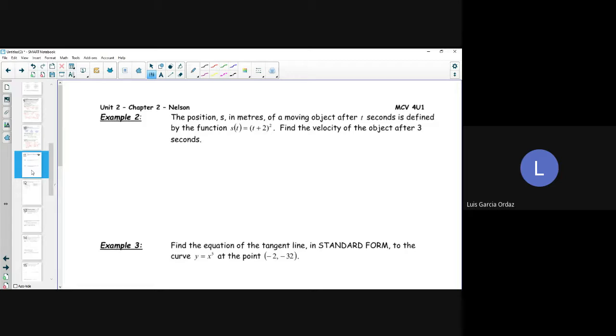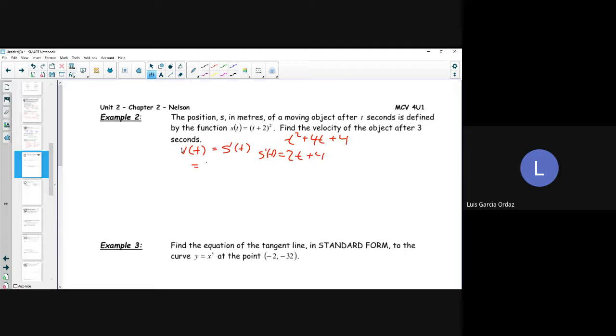So what I need to do first is find my v of t, so my velocity, which means just taking the derivative of s of t. So I got to expand t plus 2 squared, which expands to t squared plus 4t plus 4, which means my derivative, s prime of t, becomes 2t plus 4.